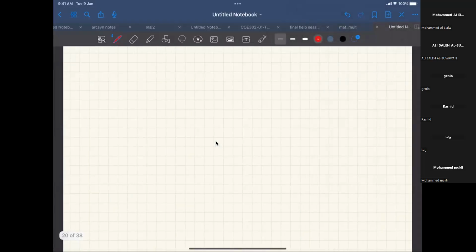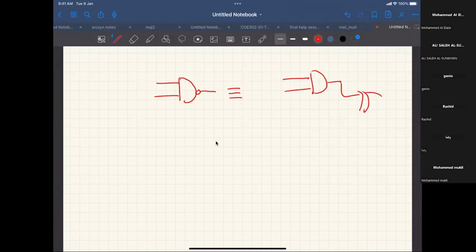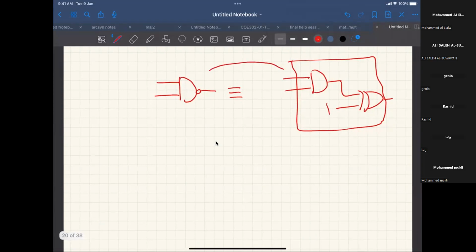So if you want to implement an AND using an AND and XOR, you can convert this using a simple AND gate, and then an XOR gate with 1. So the whole thing here is a universal gate because it is equivalent to an AND gate.